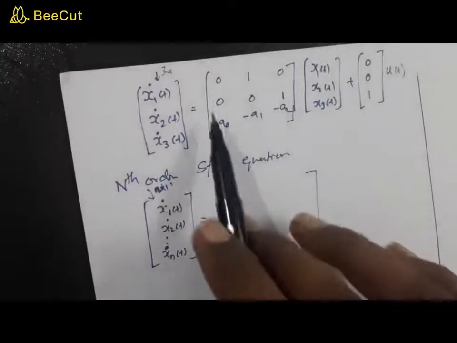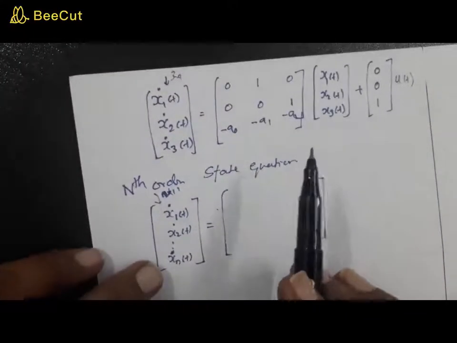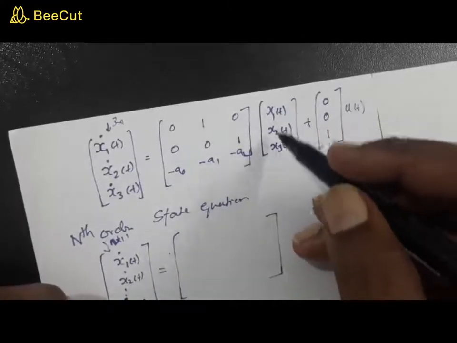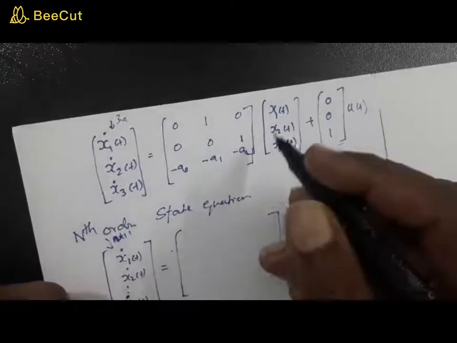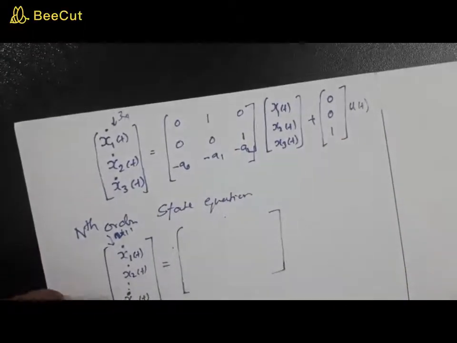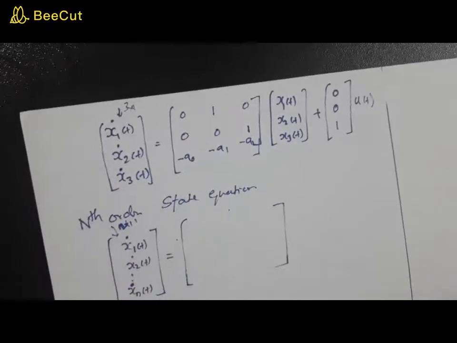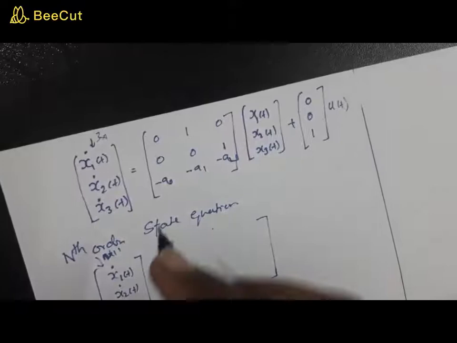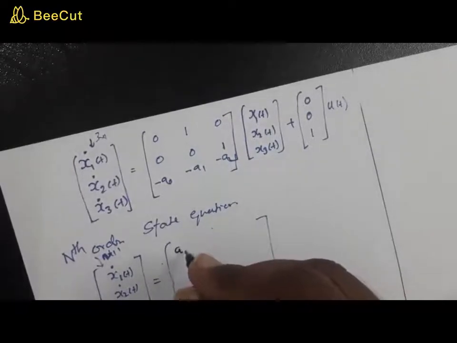In this case you have a 3 by 3 matrix. So it depends on the number of variables. That means it has a 3 by 3 matrix, meaning it is 3 variables, meaning this matrix is going to be a 3 by 3 matrix.